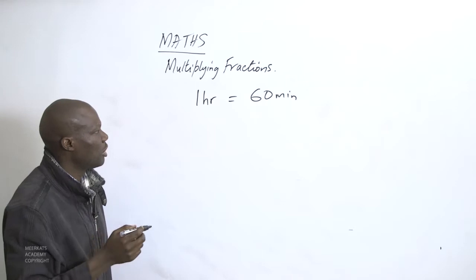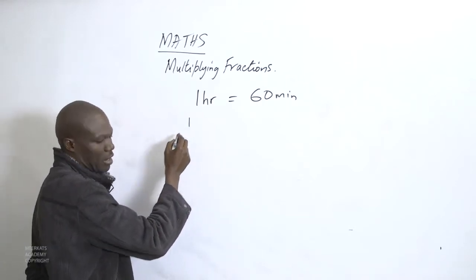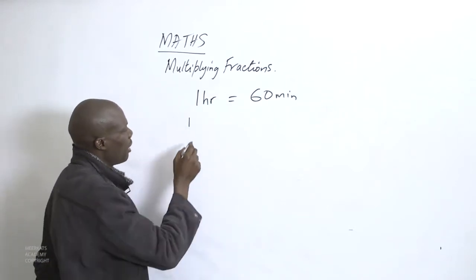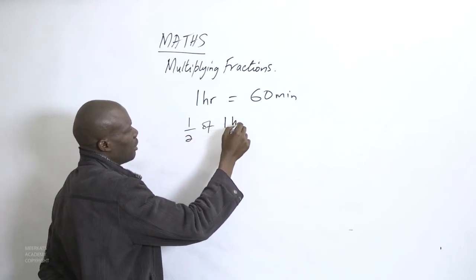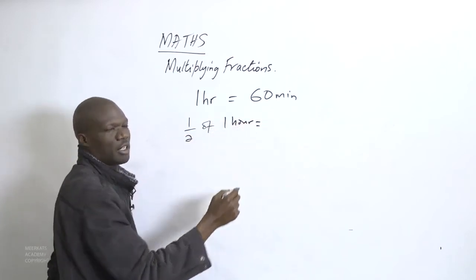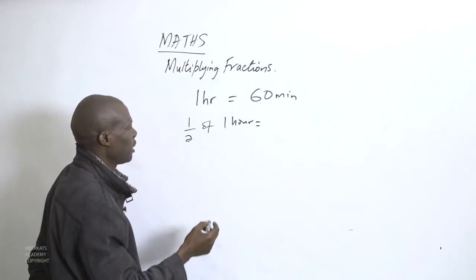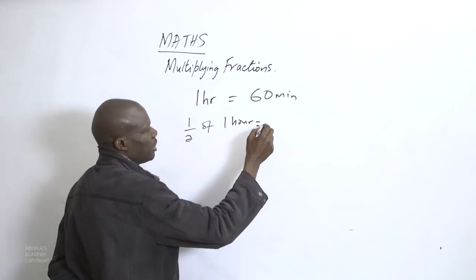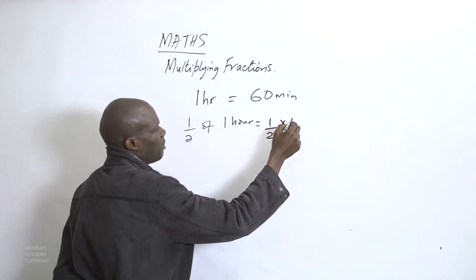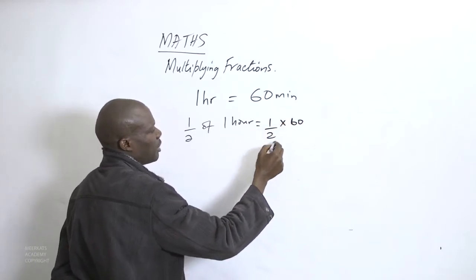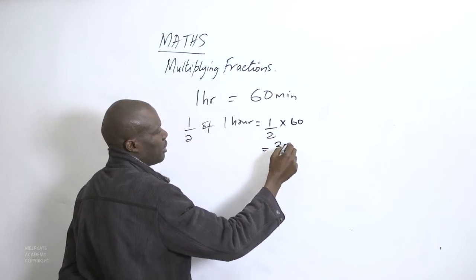So if you are asked for a half of 1 hour, then it will be equivalent to saying a half of 60, and we replace "of" with multiplication. So it is a half times 60, and you realize that you get 30 minutes.